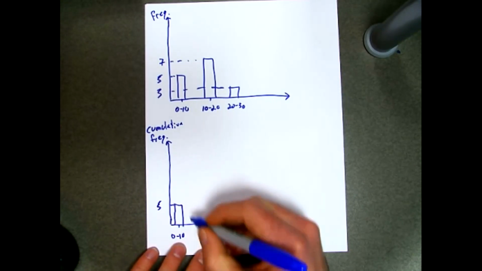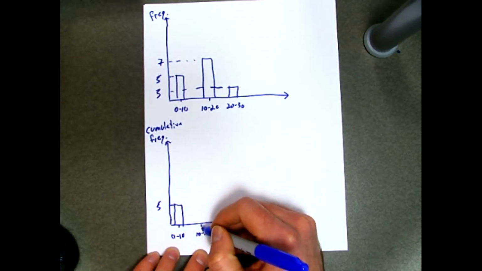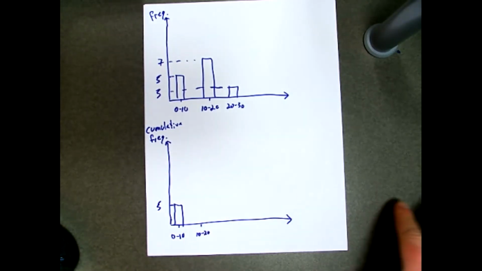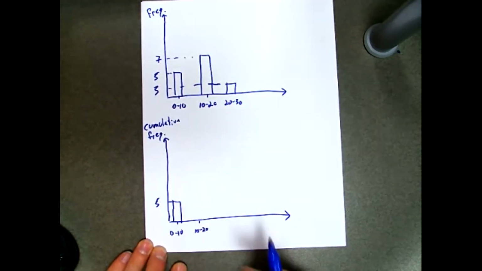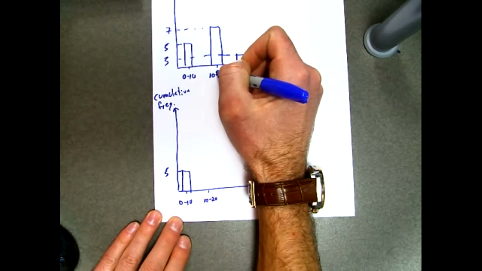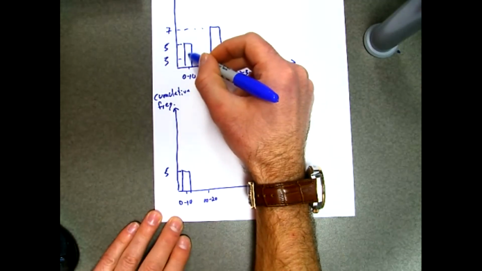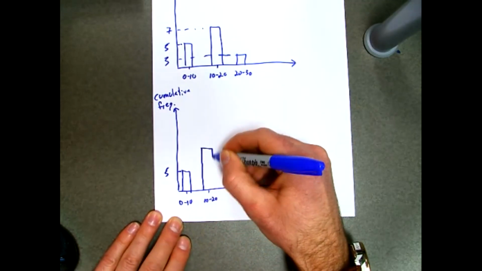Okay? However, when I start looking at the next bin, my cumulative frequency is going to be how many observations are in this bin, but also in every bin below it, right? So here I've got 7 is the frequency of this bin, plus the frequency of the bin below it would be what? 12?